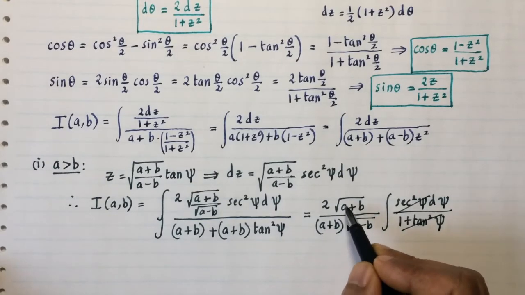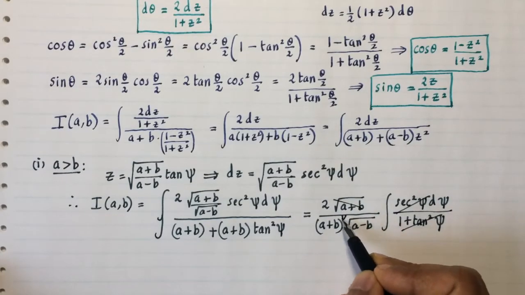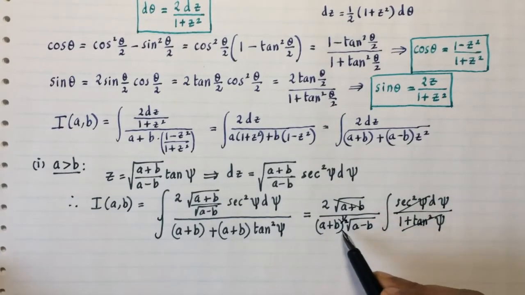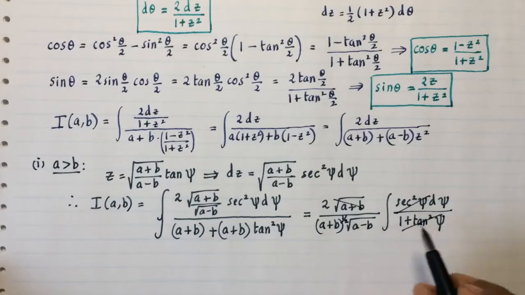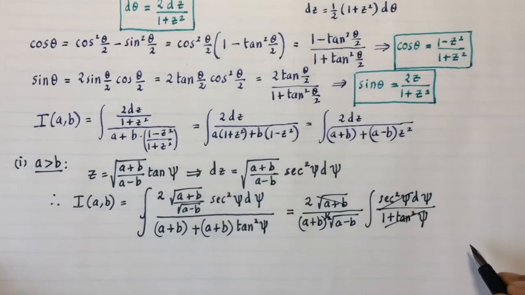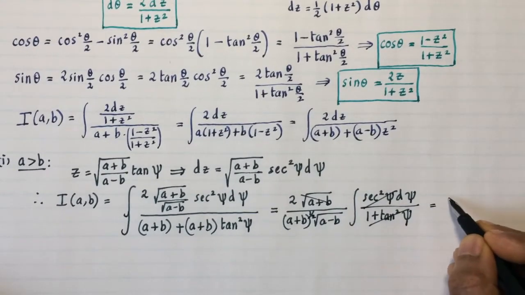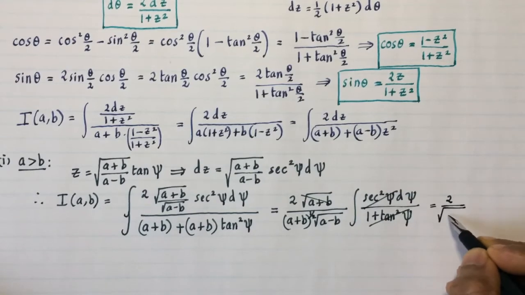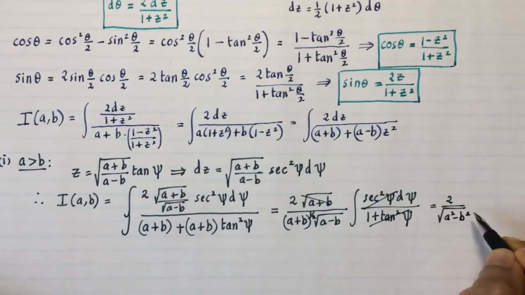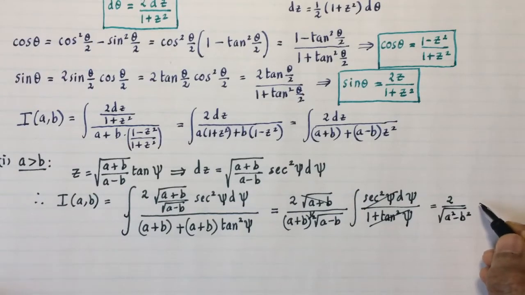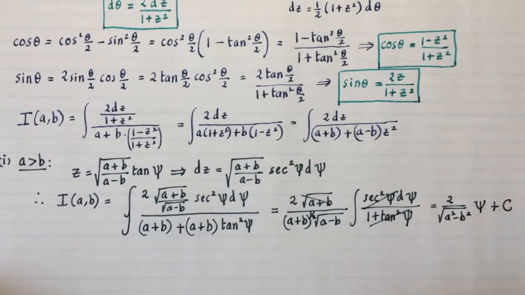And here, once I cancel out the square roots, I'll get a plus b to the power half. Now square root of a plus b times a minus b is a squared minus b squared. So that is just going to be 2 over the square root of a squared minus b squared, which is real because a is bigger than b, times the integral of d psi, which is just psi, plus some constant c. In this way we have solved the problem.